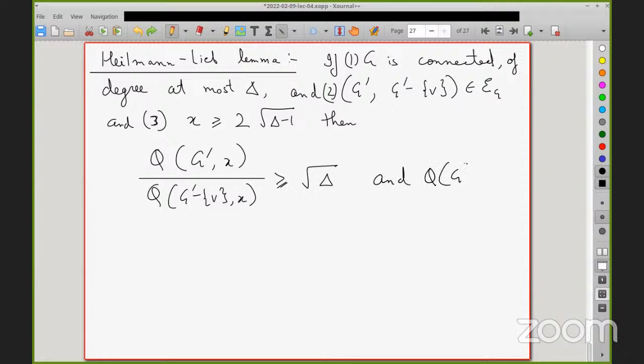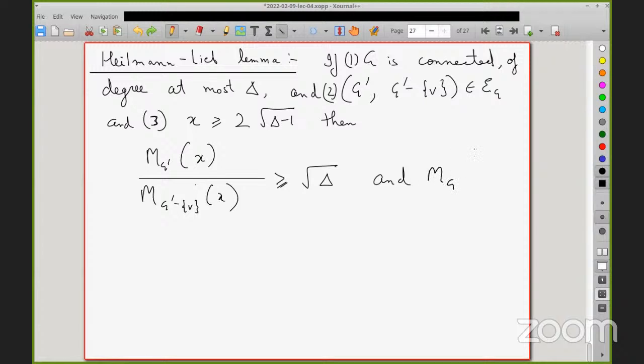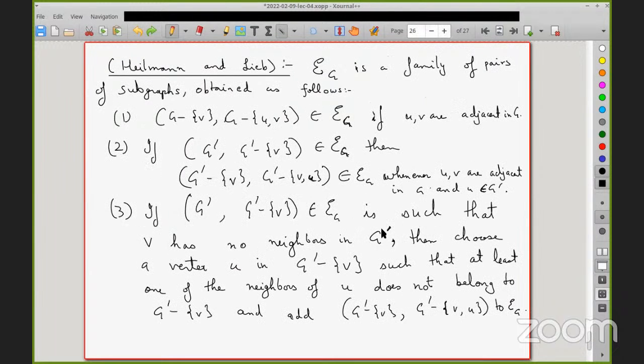Sorry, I'm using their notation, provided G prime is not equal to G. So it's saying that for every such pair, how were they obtained?